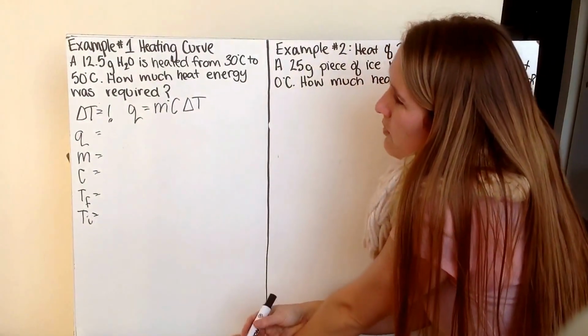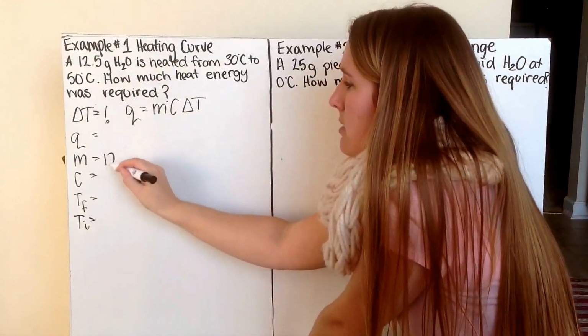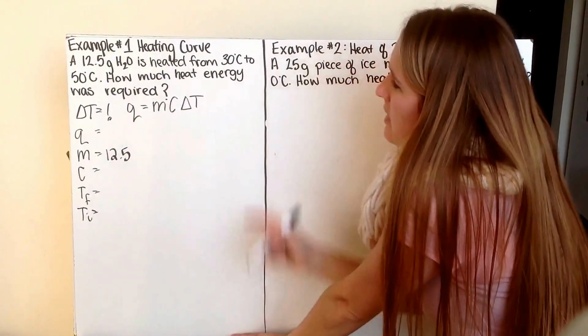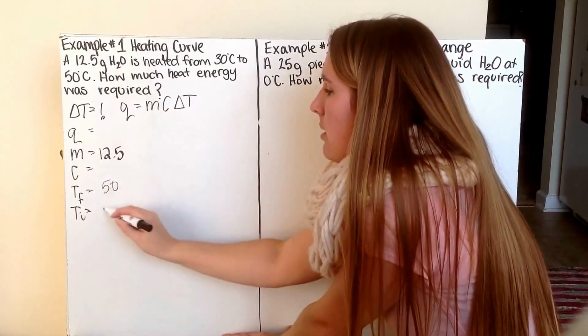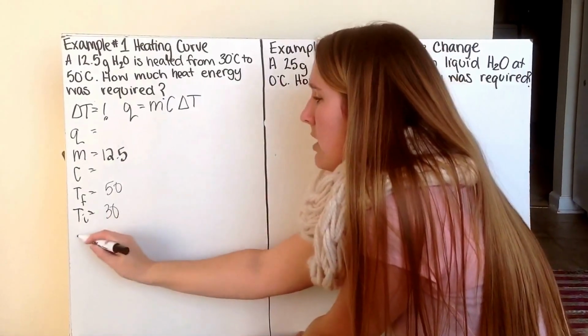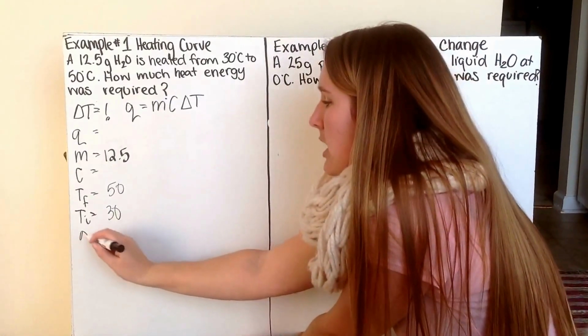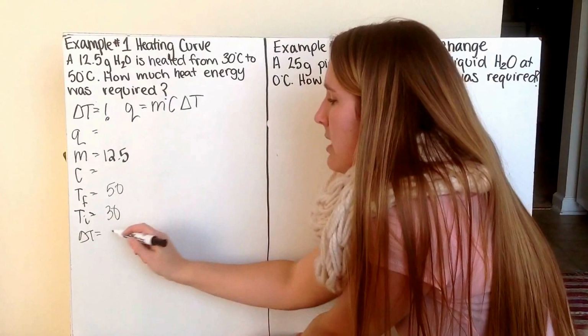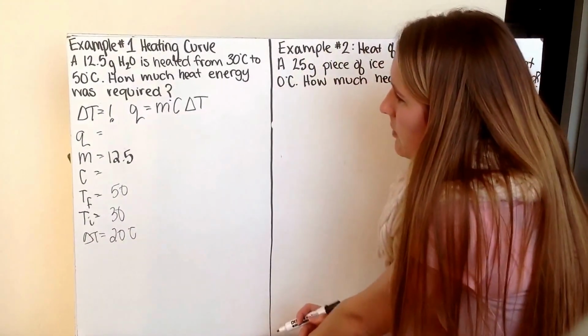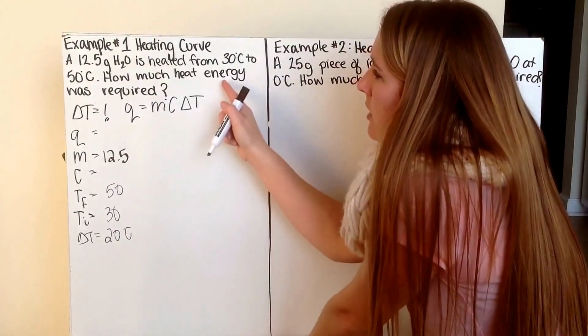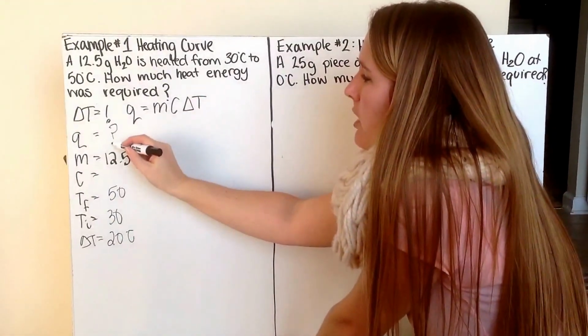We have 12.5 grams of water, so that's my mass, heated from 30 to 50, so my final is 50, my initial is 30, so my change in temperature, final minus initial, will be 20 degrees Celsius. We're looking for the heat required, so we're looking for Q.